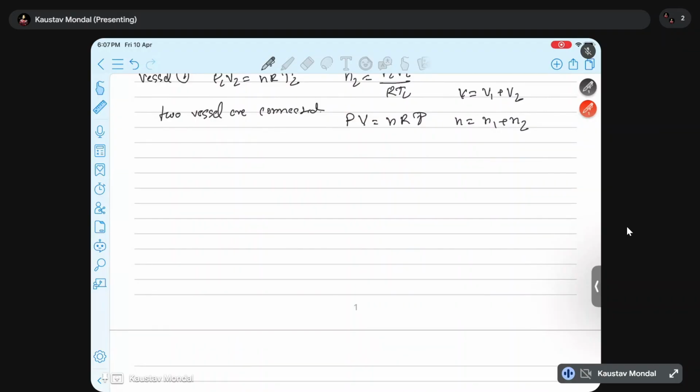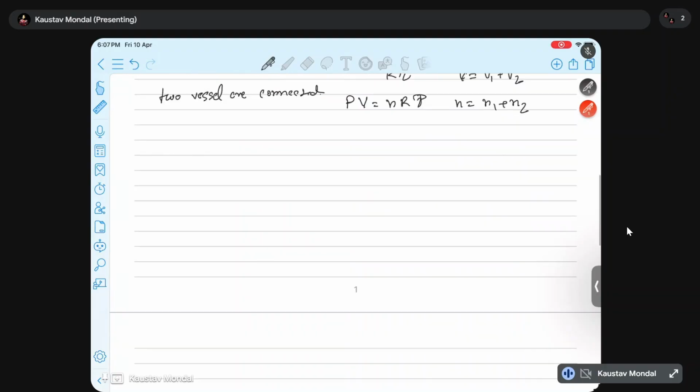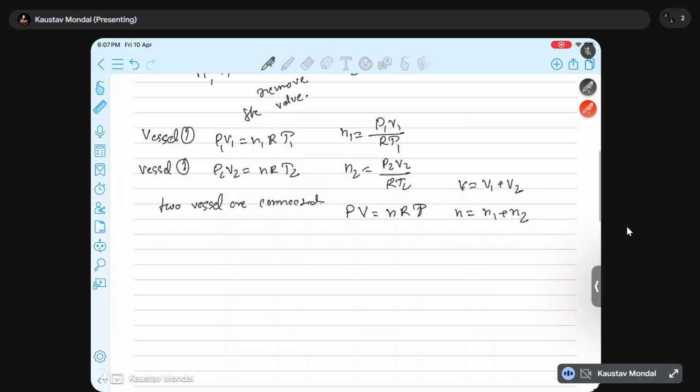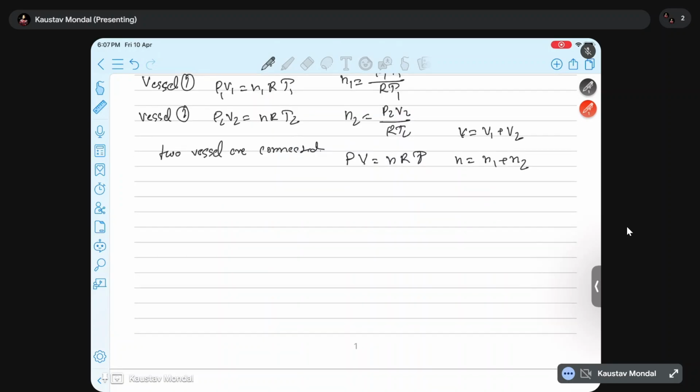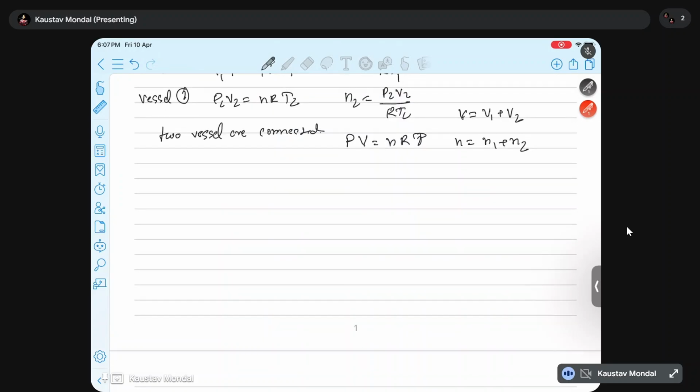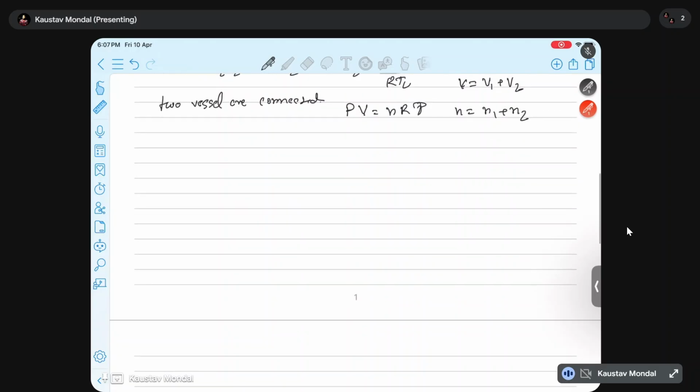Now we have to find out the pressure and the temperature. In order to find the temperature, we will take the help of the energy of the system. Since it's a 3D system, the total energy of the mixture would be the energy of vessel 1 plus the energy of vessel 2.